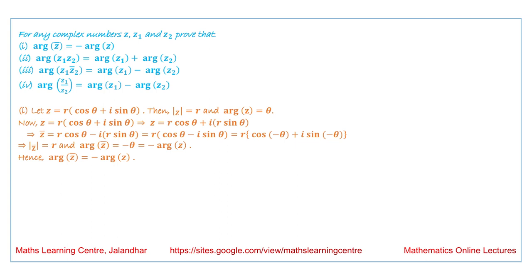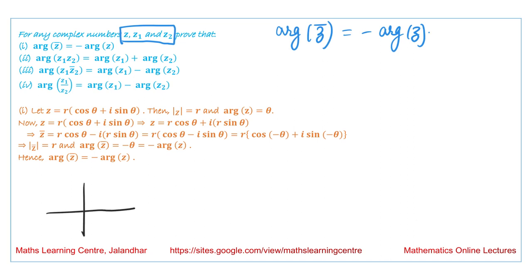Next we have certain proofs related to arguments of complex numbers. For any complex numbers z, z1 and z2, the first thing we are going to prove is that the argument of the conjugate of z is equal to minus argument of z. If we look at this result graphically, suppose the number z lies over here.